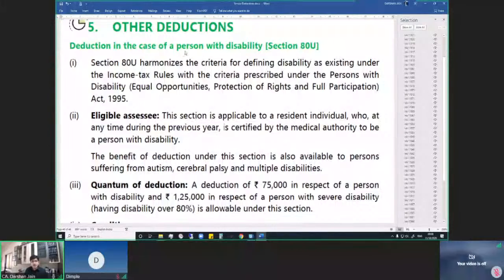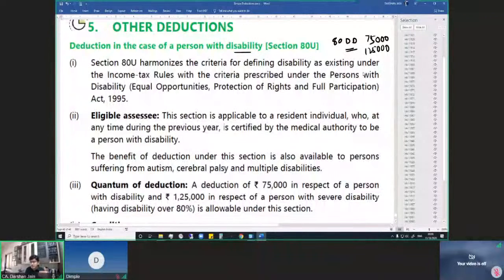deduction in respect of a person with disability. We've discussed 80DD. Now this is similar to 80DD. However, under 80DD, it was a disabled dependent. The assessee could claim deduction under section 80DD for a person who was dependent on the assessee, to the extent of 75,000 rupees, or 1,25,000 rupees in case of severe disability.